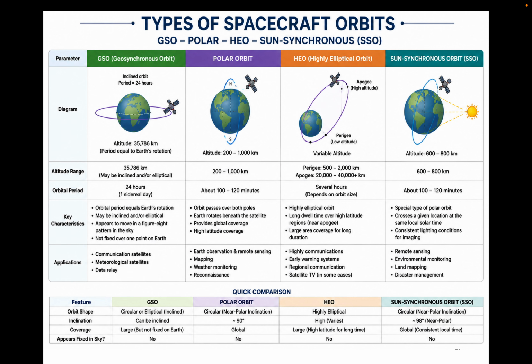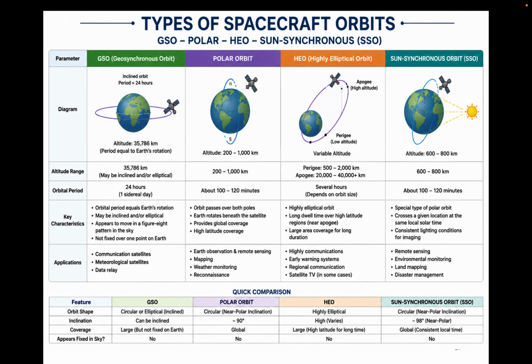And we have another type of orbit, which we call a highly elliptical orbit. Depending upon the eccentricity, if the eccentricity is high, then we categorize those orbits as highly elliptical orbits.